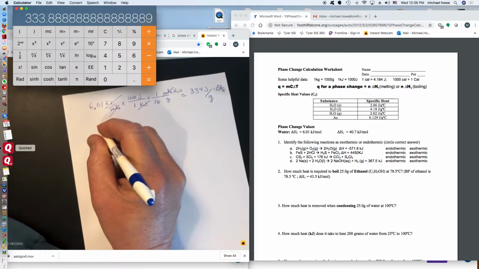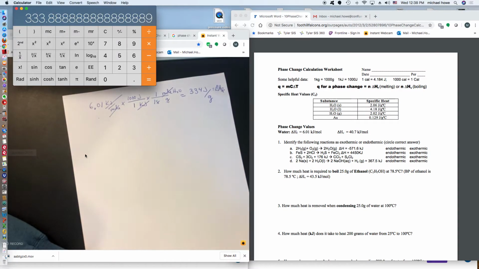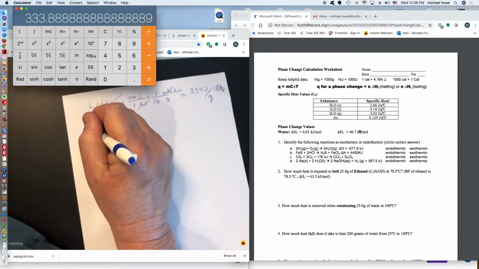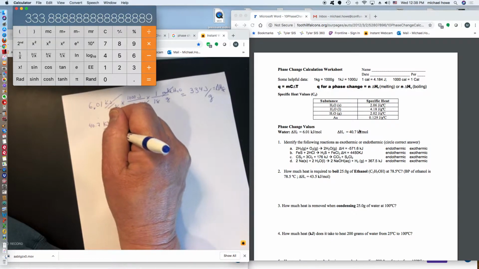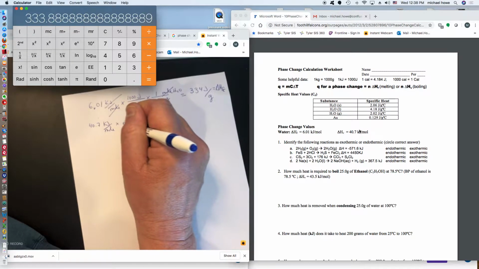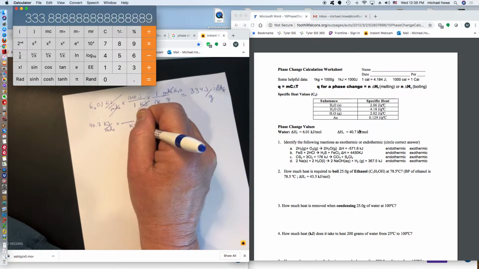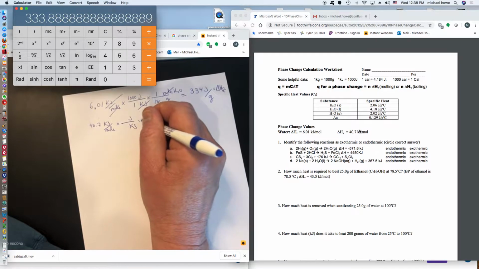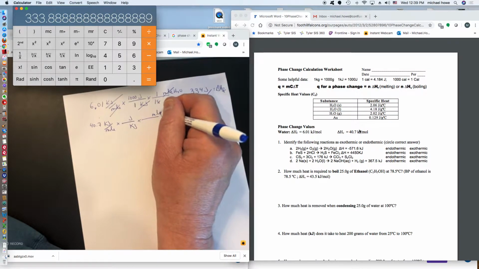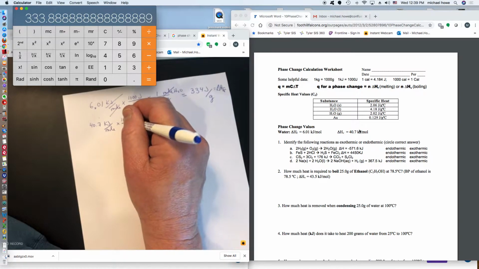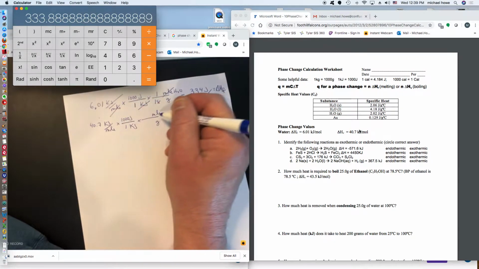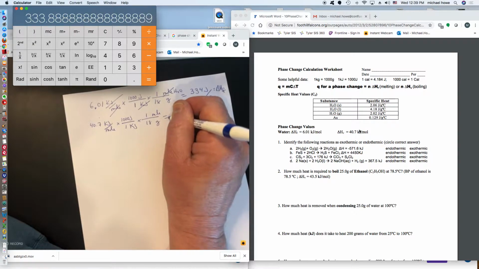For heat of vaporization, you use a similar technique. What I'm doing is doing the 40.7 kilojoules per mole. You want to get rid of kilojoules again. Go to joules. You want moles on top so they cancel, grams on the bottom, and the relationships are the same. So 1,000 joules is 1 kilojoule, and 1 mole is 18 grams.